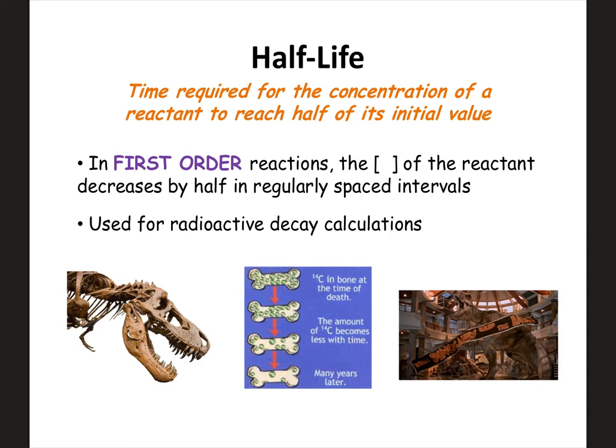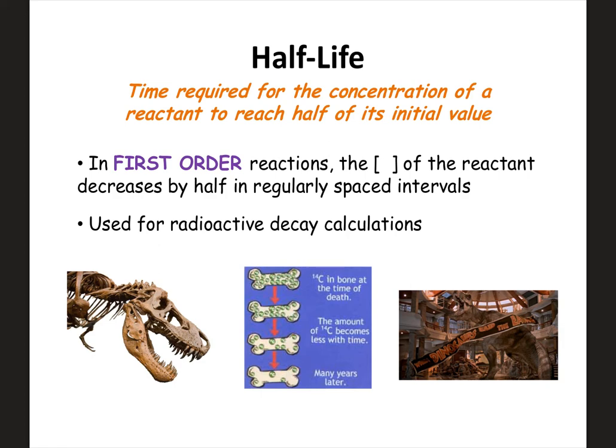Now we want to look at this idea called half-life. Half-life is the time required for the concentration of a reactant to reach half of its initial value. So if you have a starting value for a reactant, how long does it take to get half of that starting value? In a first order reaction, the concentration of the reactant decreases in half by regularly spaced intervals.